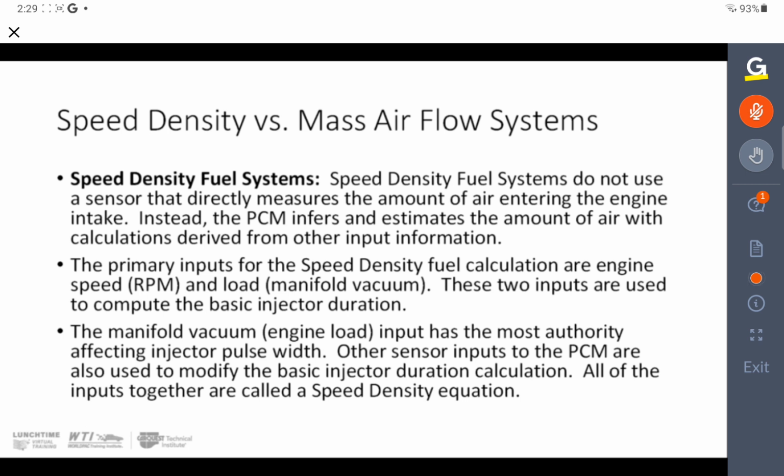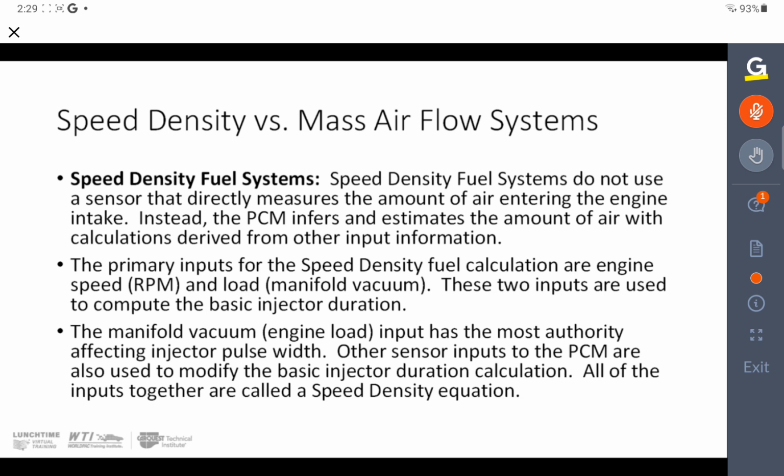It'll monitor RPM, and it'll monitor engine vacuum. When you have those two things together, they use what they call a speed density fuel calculation to control injector pulse width. The manifold vacuum or engine load input has the most authority when it's dealing with injector pulse width.